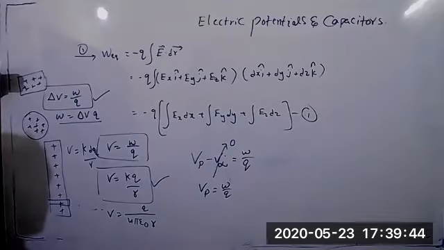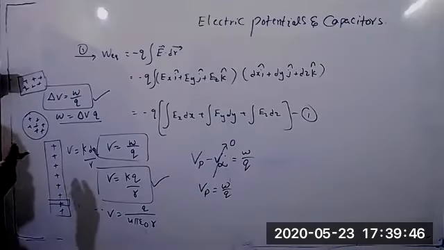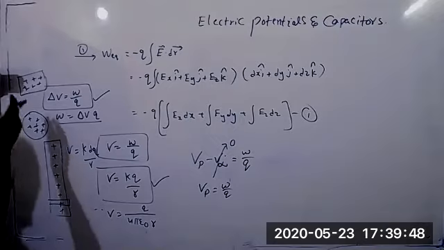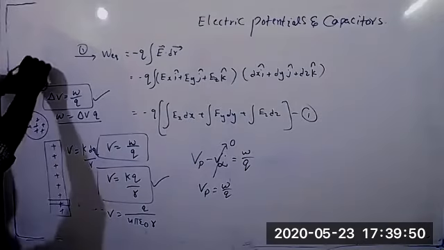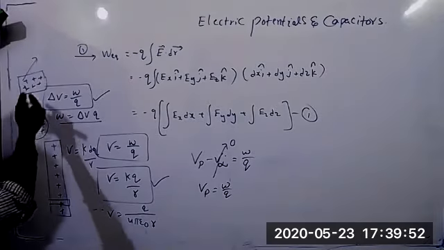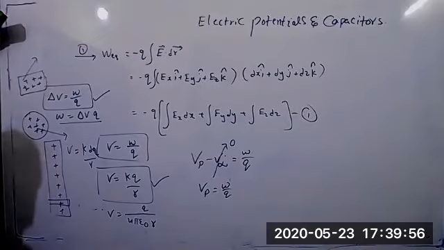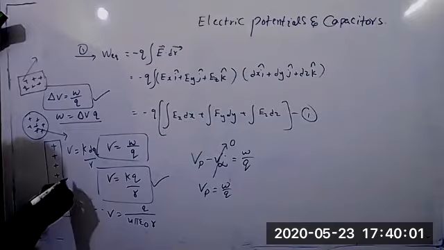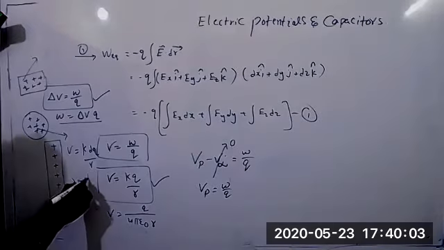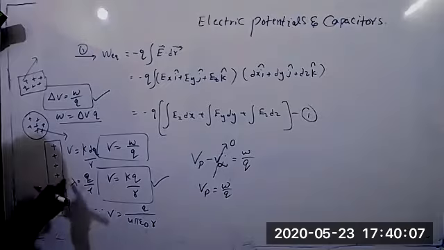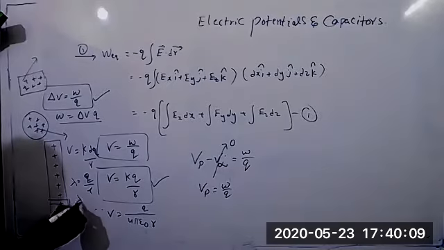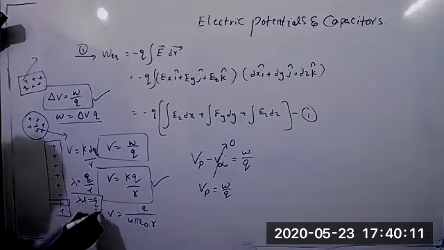By using that, we can calculate how many charges are present in that body. Suppose if you take, it is an areal charge density we have to take. If we take this, it is a volume charge density. If they have given this type of body, linear charge density. We know linear charge density is equal to charge by length. From this, in this body, how many charges are there? Lambda into L charges are there.